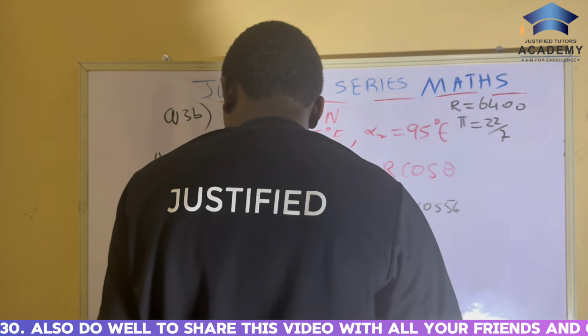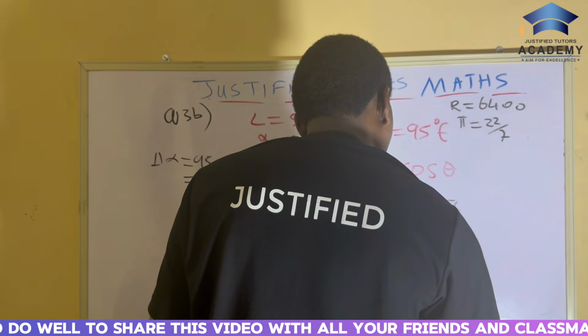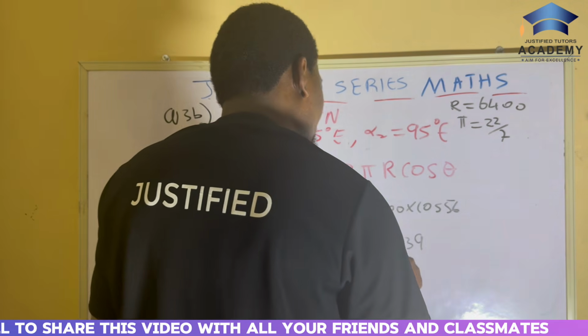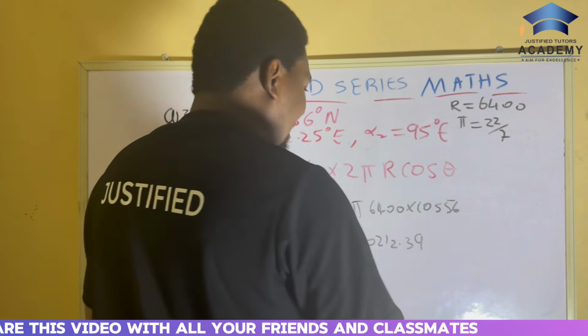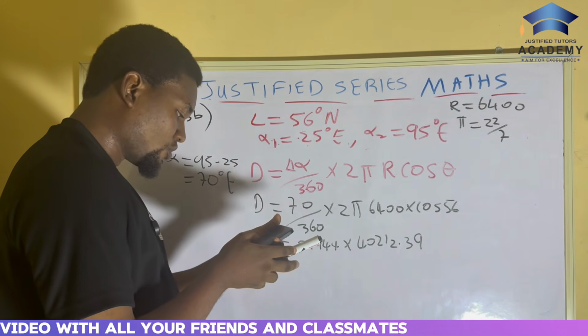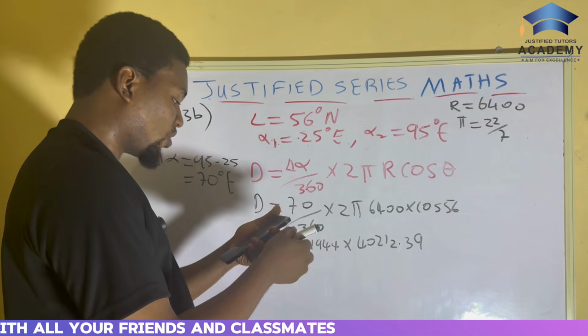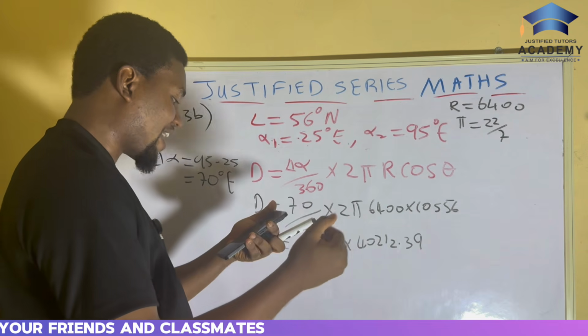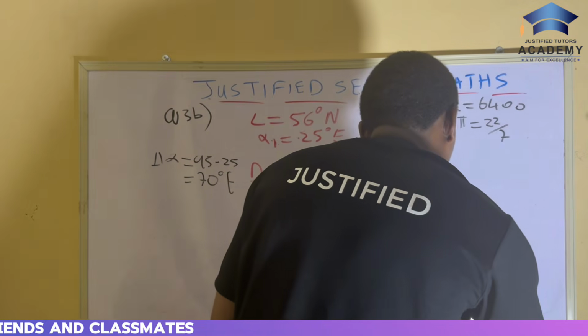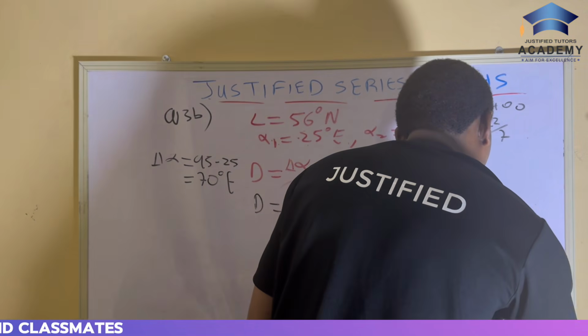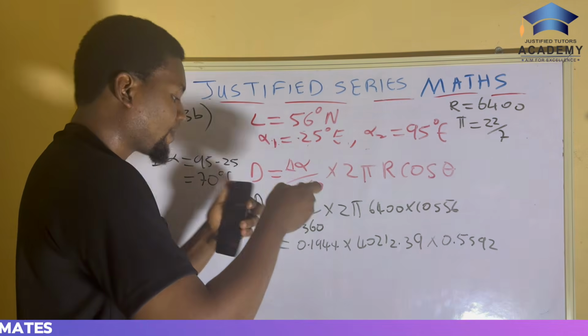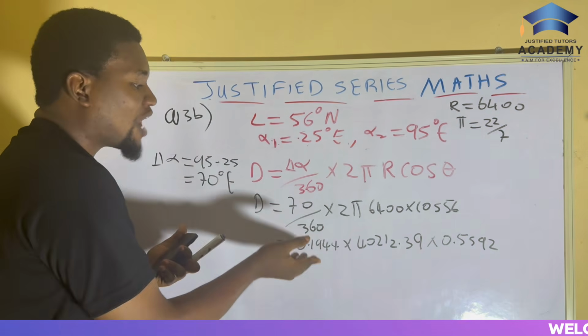40,212.39. Then what is cos 56? Cos 56 will give us 0.5592. Now you will multiply everything together.